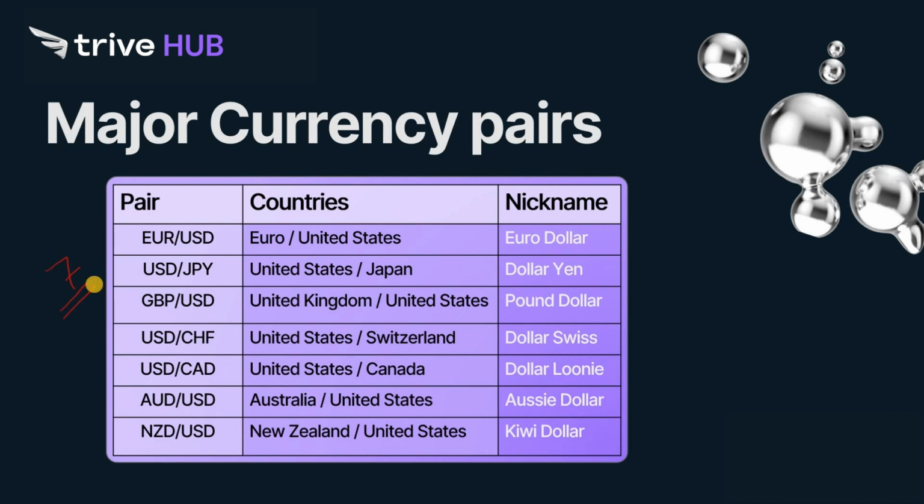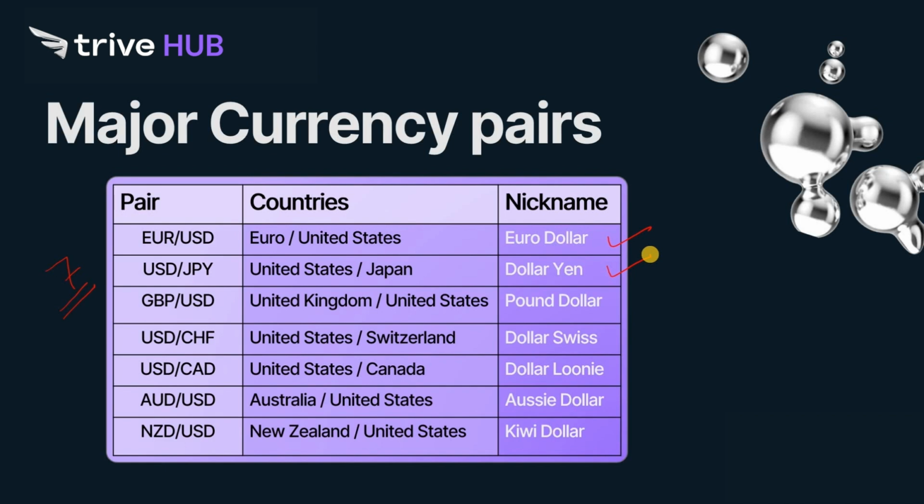Second one is USD versus Japan, or you can see their nicknames here also. The third one is UK versus US, US versus Switzerland, USD versus Canada, Australia versus United States, New Zealand versus US.